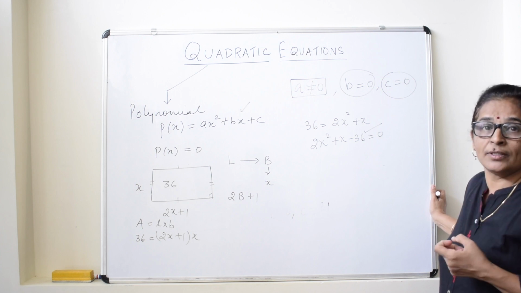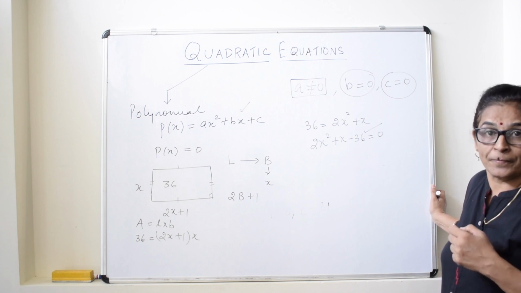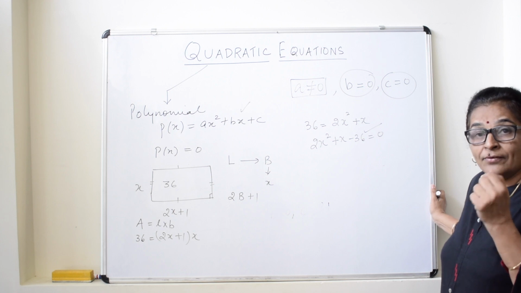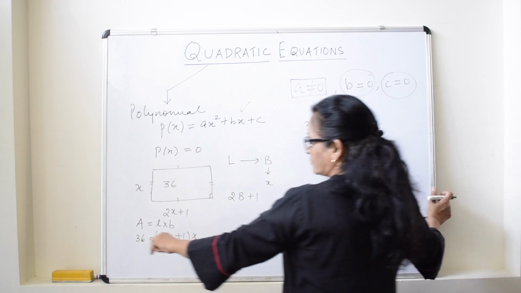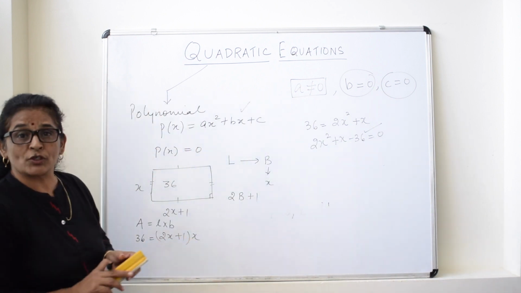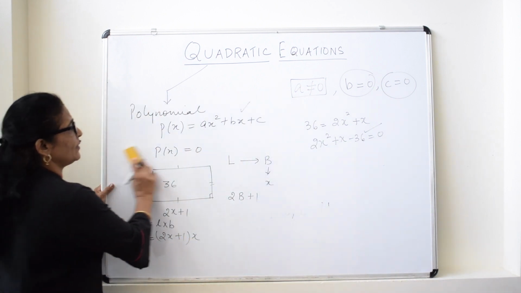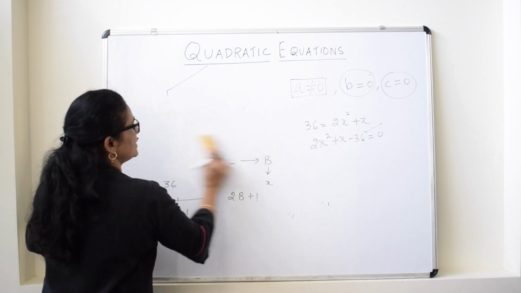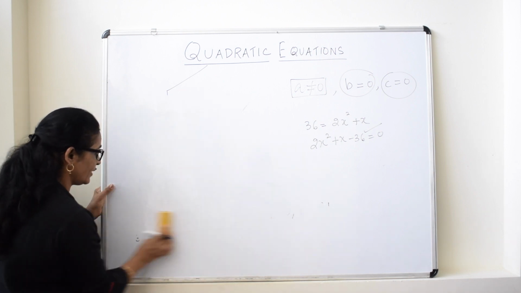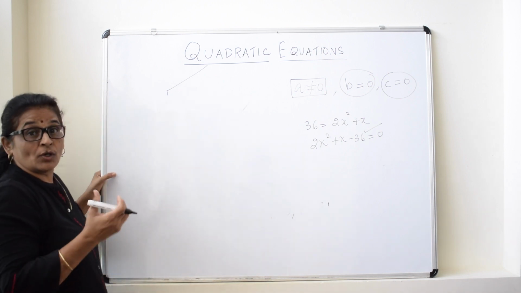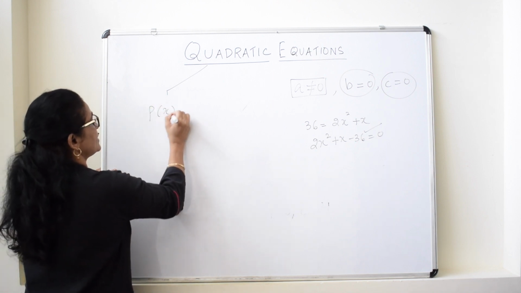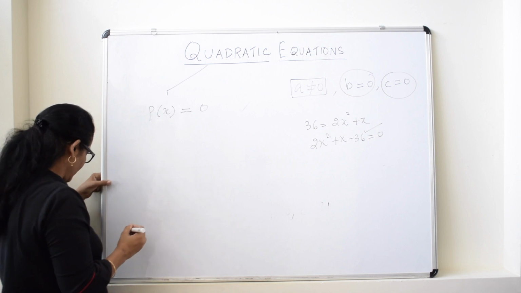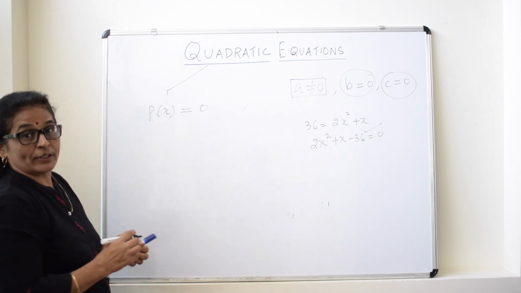Now once you have got the quadratic equation, what to do? We will solve it. We will solve it by different methods. But before we come into that, sometimes some equations will be given to you and we have to check whether these are quadratic or not. So how are we getting the equations? When any polynomial is equated to 0, that gives us the equation.